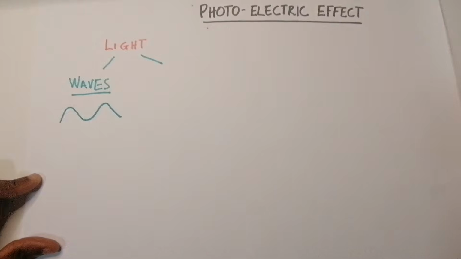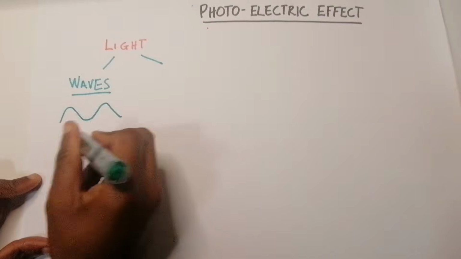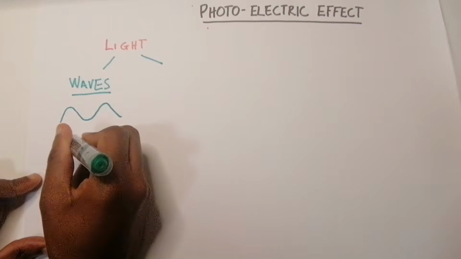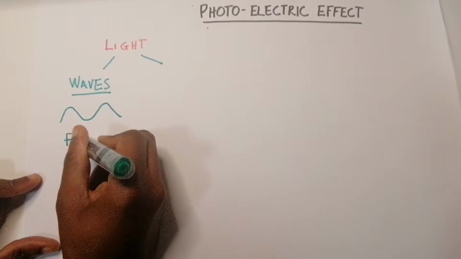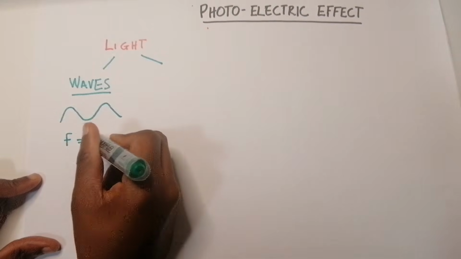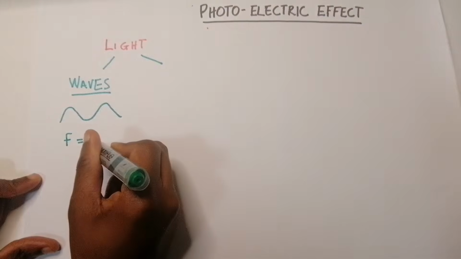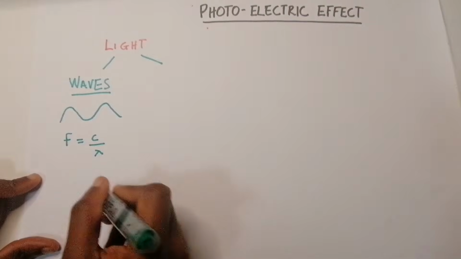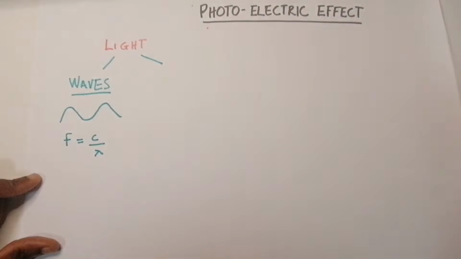Remember that frequency and wavelength are related. They're inversely proportional to each other, and frequency multiplied by wavelength gives me the speed.